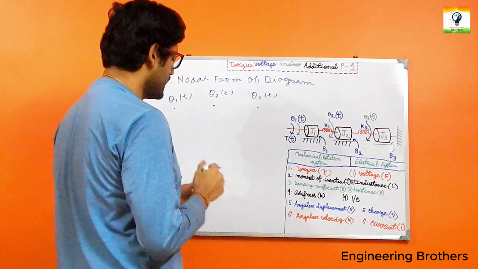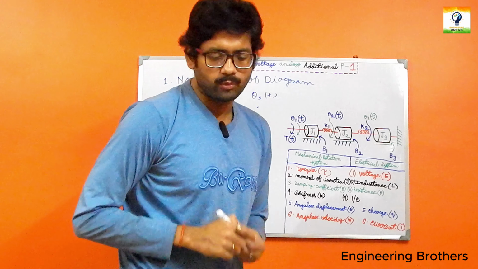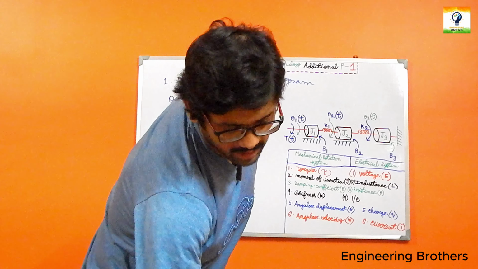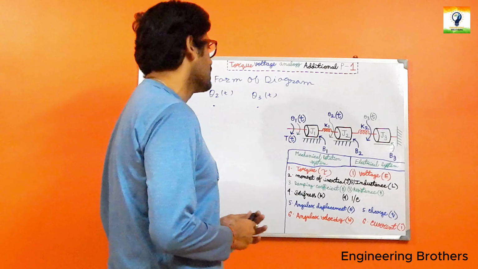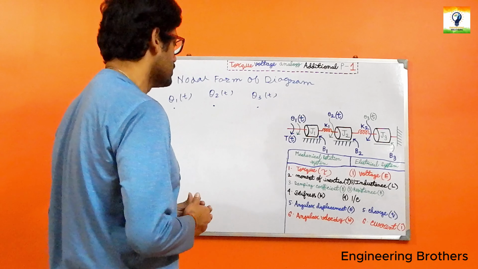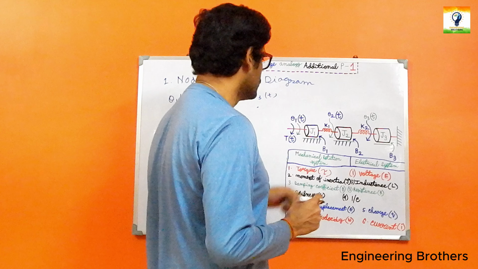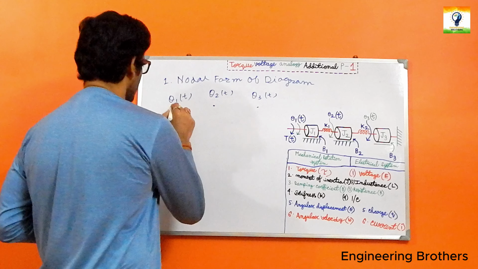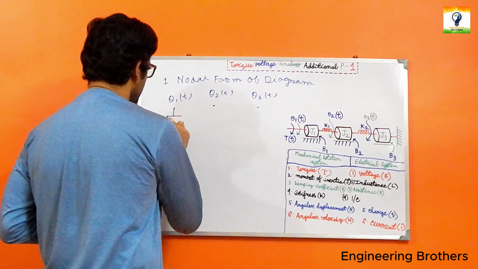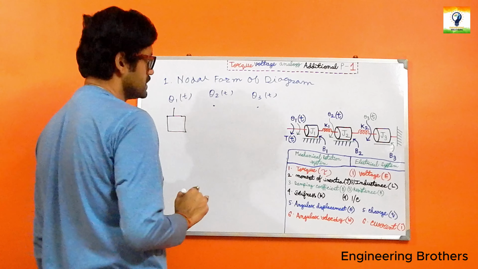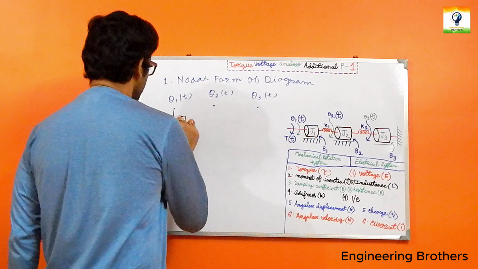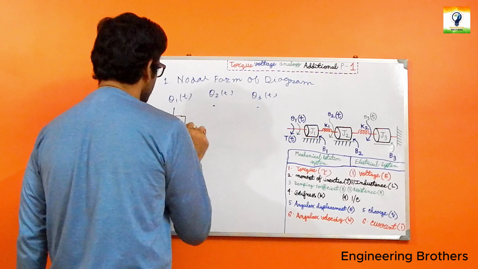The next step is to find which blocks or elements are connected with these angular displacements. I can see that theta 1t is connected with J1, so I am going to include it here. The first moment of inertia J1 is directly connected with theta 1t.